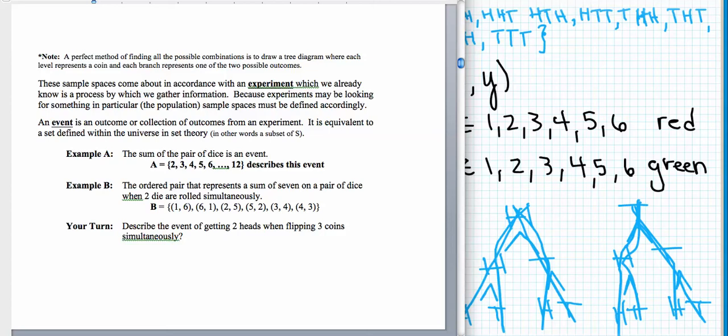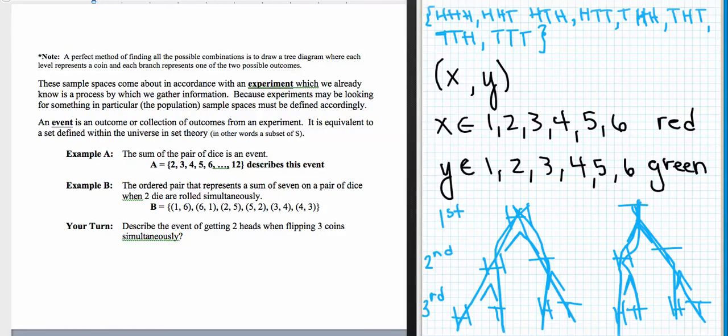So we're going to describe the event of getting 2 heads when flipping 3 coins simultaneously. I'm going to do that right here, and change to red so we can see that. Let's call it event C, since this would be A, B, and then C. We want to know about getting 2 heads when we flip 3 coins simultaneously.